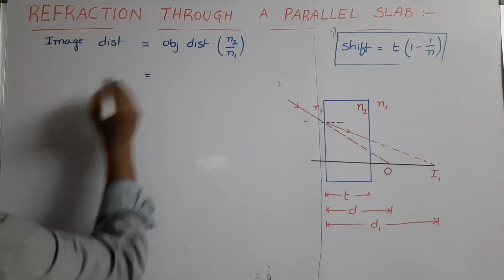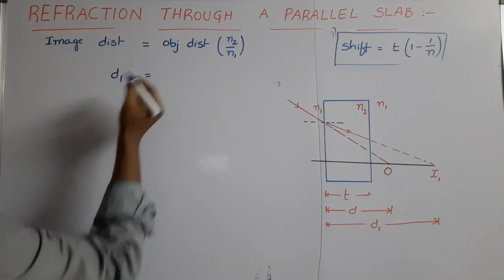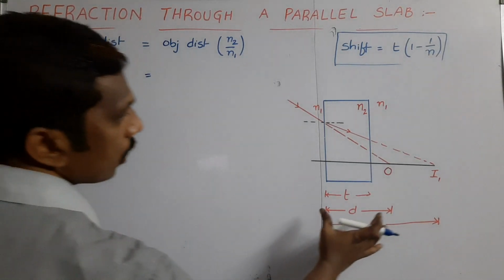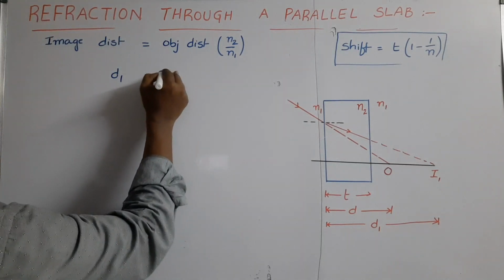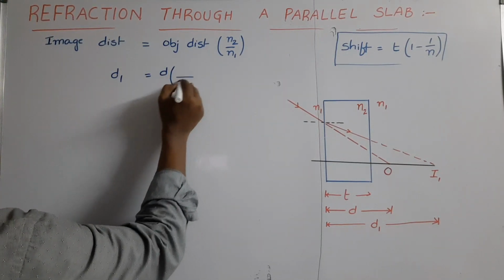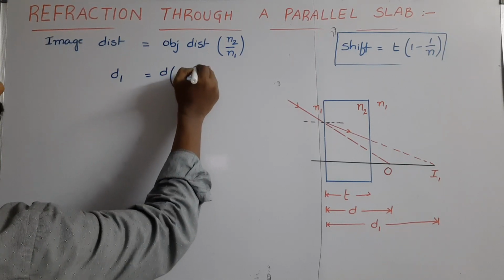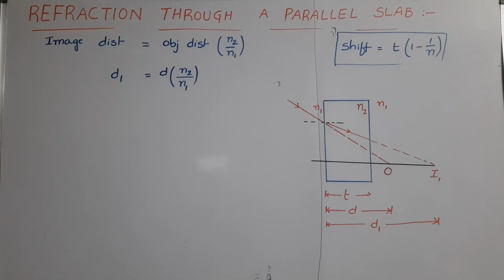Here image distance is taken as d1, that is equal to object distance d meters into n2 by n1, because the light ray first travels in medium of refractive index n1, after it enters into medium of refractive index n2. So d1 is equal to d into n2 by n1.